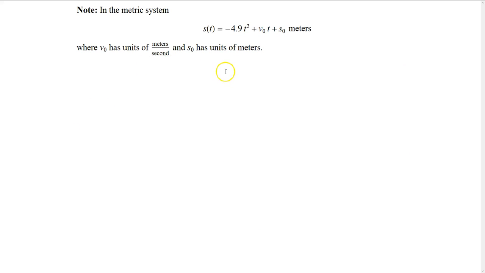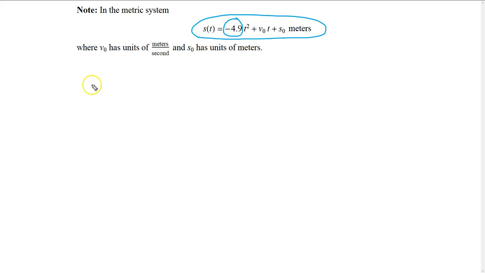What we did was we derived the equation of motion for the English system. In the metric system, this is our equation of motion for an object thrown upward or downward near the surface of the Earth with an initial velocity v0 meters per second and from an initial height of s0 meters. Now notice instead of negative 16 we have negative 4.9 here.